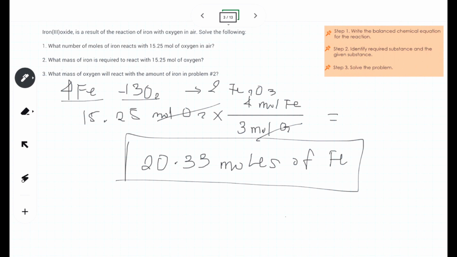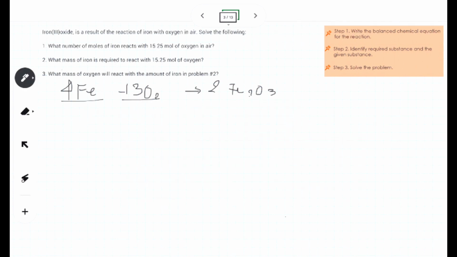Number 2. What mass of iron is required to react with 15.25 mole of oxygen? Similar to the first problem, we begin by converting the moles of oxygen to moles of iron. However, this time, we also need to convert moles of iron to grams.